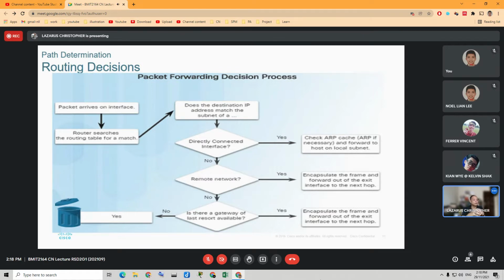But of course, you can also do that at the edge, depending on the agreement between your organization and the other organization in terms of capability to forward packets.